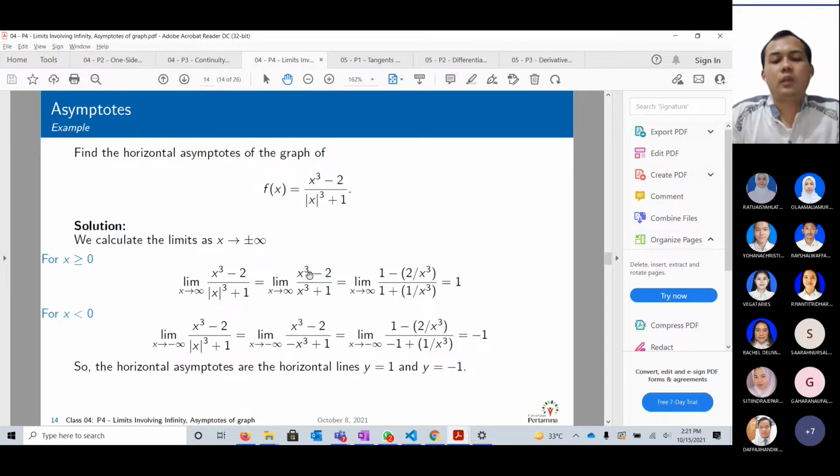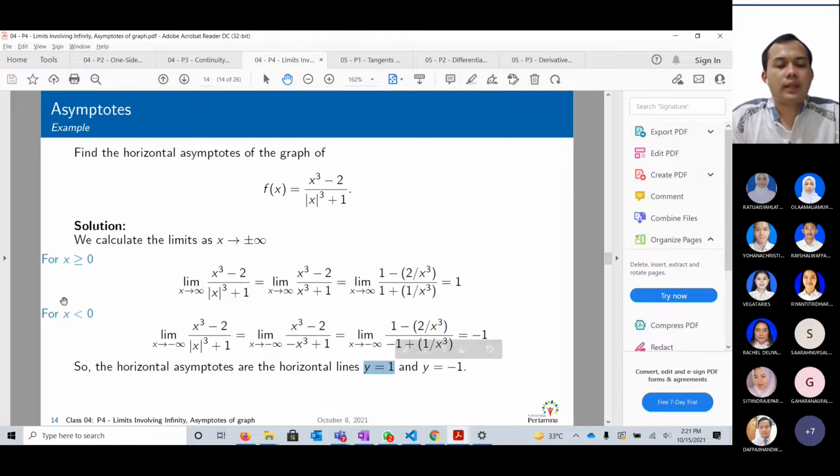And then we divide both numerator and the denominator by x cubed, because the highest order is 3. In this case, we have that the value of the limit as x goes to positive infinity is equal to 1. In this case, we have one of the horizontal asymptotes as the line y equals 1.